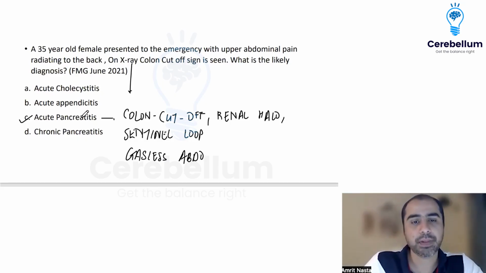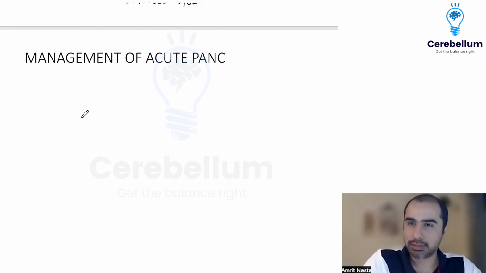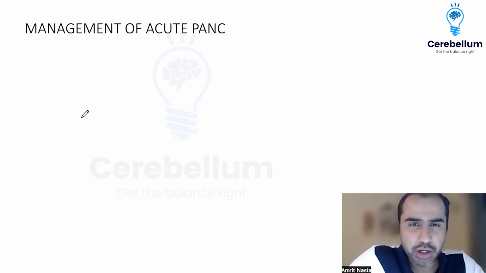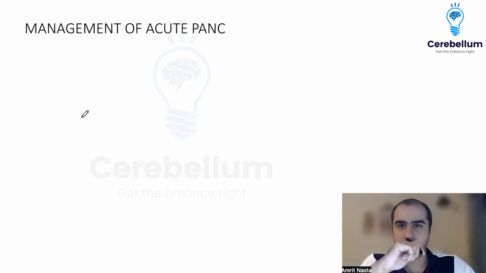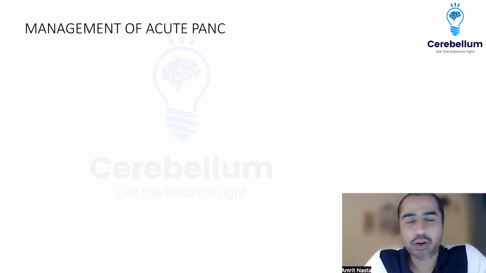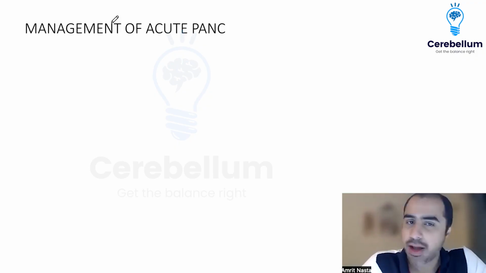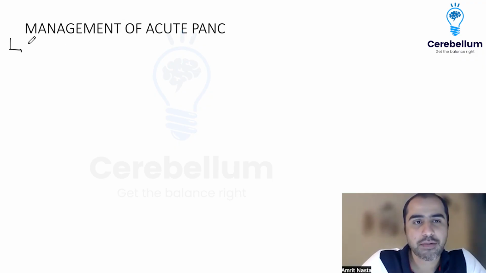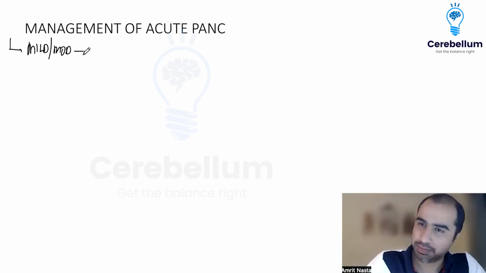All right. Now come to management. How do you think you will manage acute pancreatitis? If it's mild, moderate, severe, what are you going to do? Tell him to stop alcohol, वगैरह. So it's very simple, the management of acute pancreatitis. If it is mild or moderate, you have to do nothing.